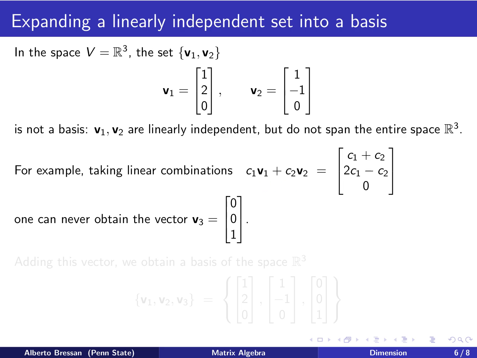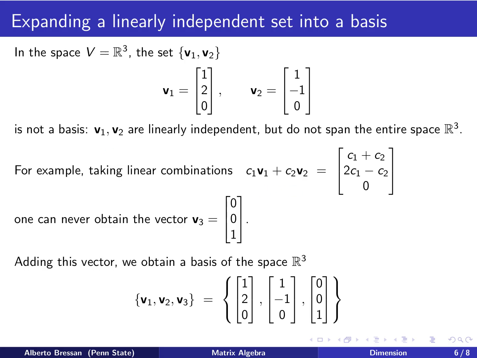So this linear combination gives you a vector in R3 where the third element must be 0. One can easily find a vector, let's say V3, that's (0, 0, 1), that can never be obtained as a linear combination of V1, V2, but that one is in the space V, right? So V1, V2 cannot be a basis.